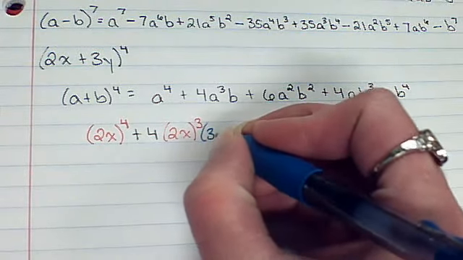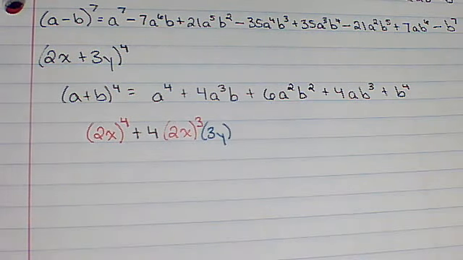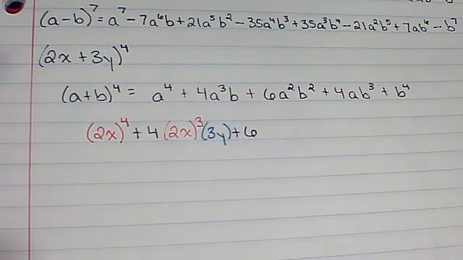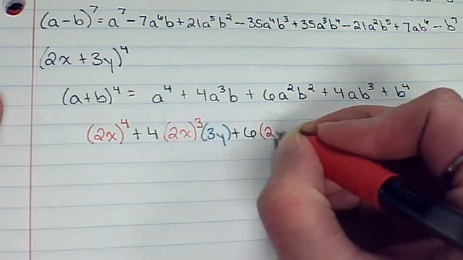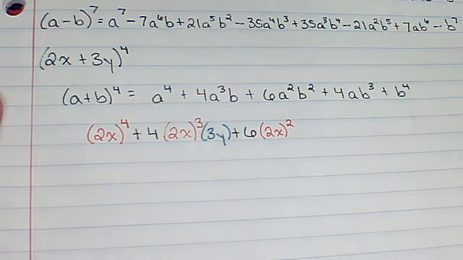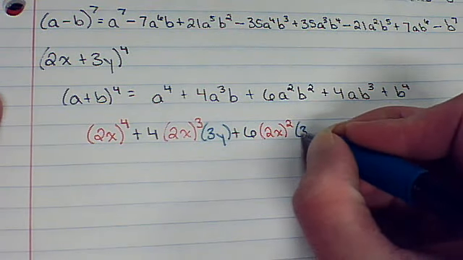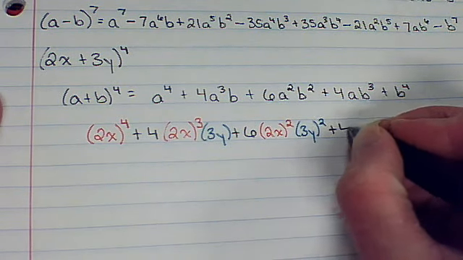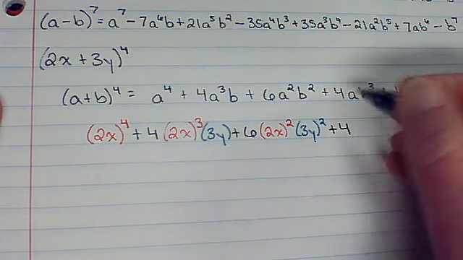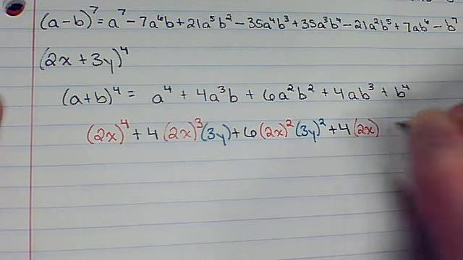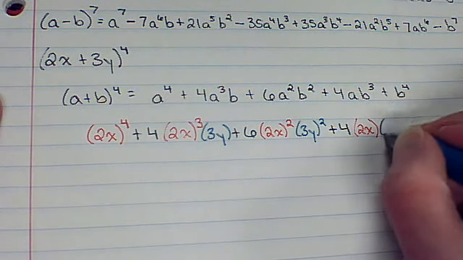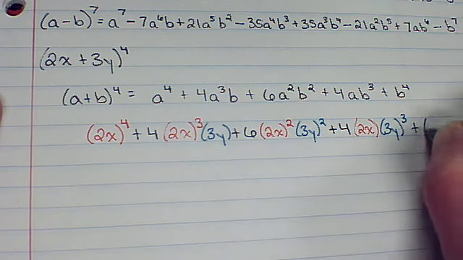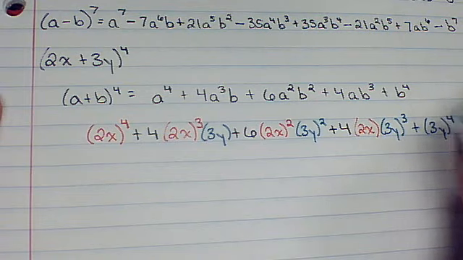So I replace B with 3y. Now, I've got plus 6. Next part is going to be A squared, and A is being represented by 2x. B is 3y. And we have plus 4. A is 2x. B is 3y. Oh, and the last one is just going to be 3y to the 4th.